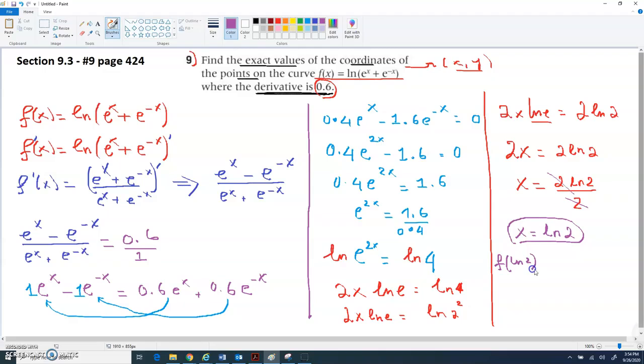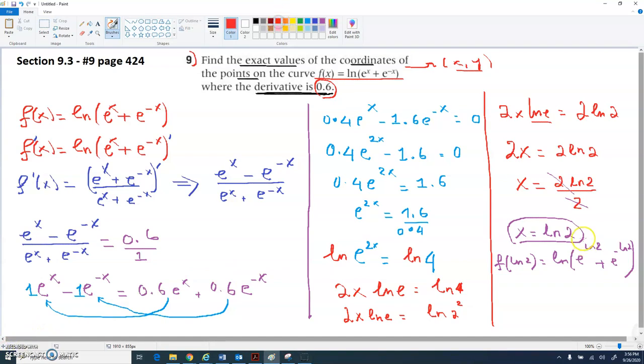Replace the x by the natural log of 2, equal to the ln of e to the natural log of 2 plus e to the negative natural log of 2. Okay? Did I lose anybody in here so far?